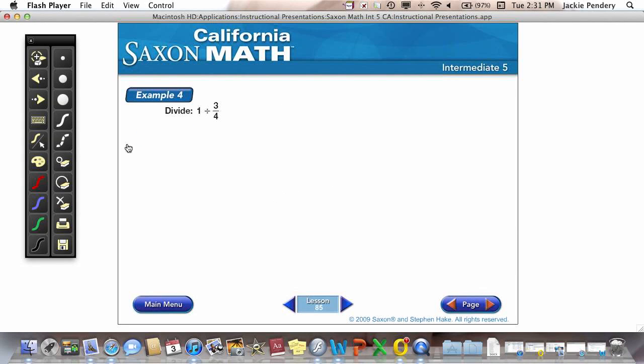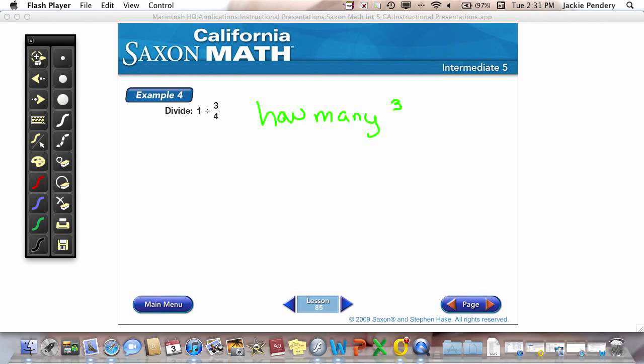Okay, moving on to example 4. Now, in example 4, it's going to ask us to divide 1 divided by 3/4. So this means how many 3/4 are in 1?